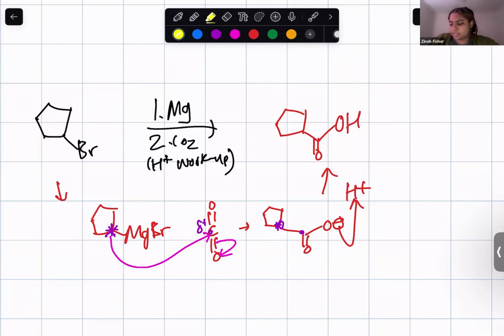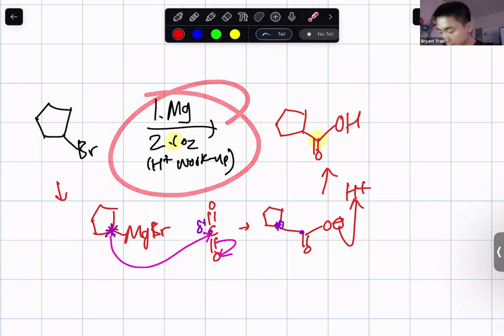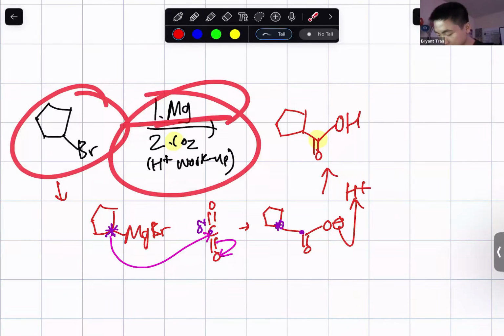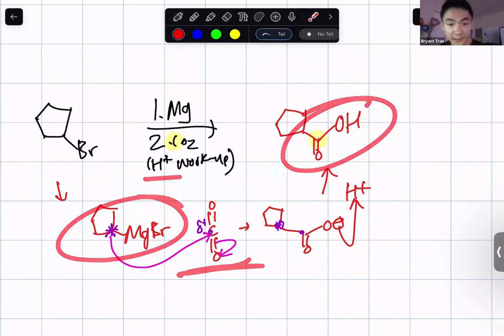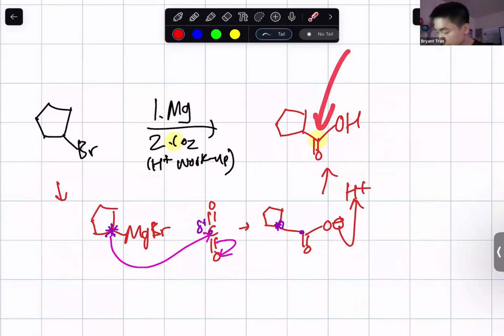And it always adds a carboxylic acid, yes. This route here, when you see a haloalkane react with Mg creating the Grignard reagent, reacting with CO2 and acid workup, it would always create a carboxylic acid. And this is the new carbon here from the molecule, which comes from the carbon dioxide, from the CO2 right there, which is that carbon right here.